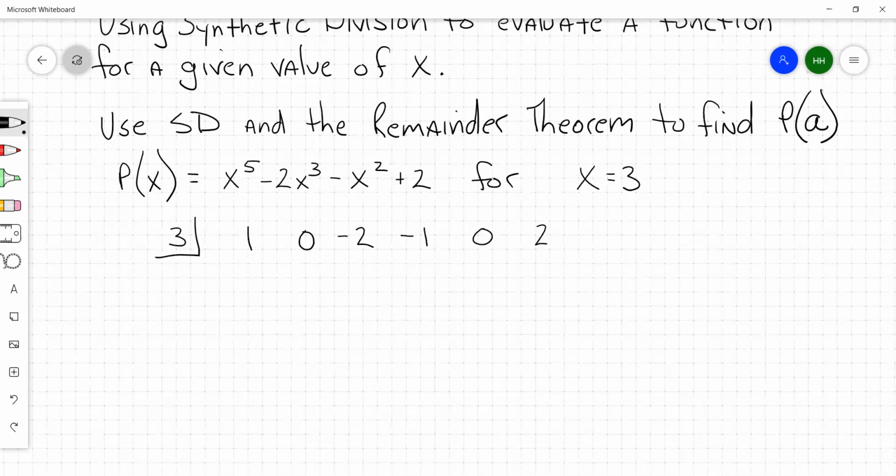And then the 2. Now we do the same thing, and whatever our remainder is is what this function would be equal to when you substitute the 3.